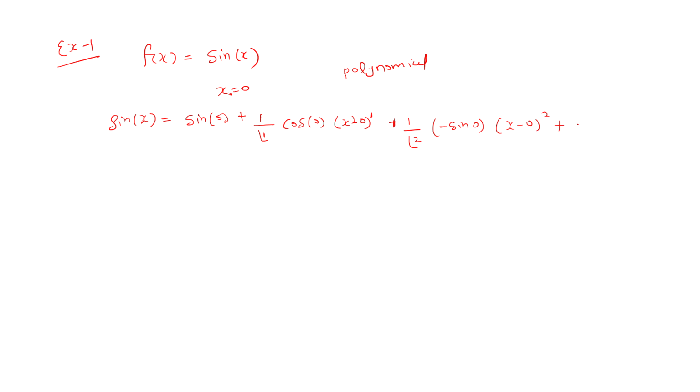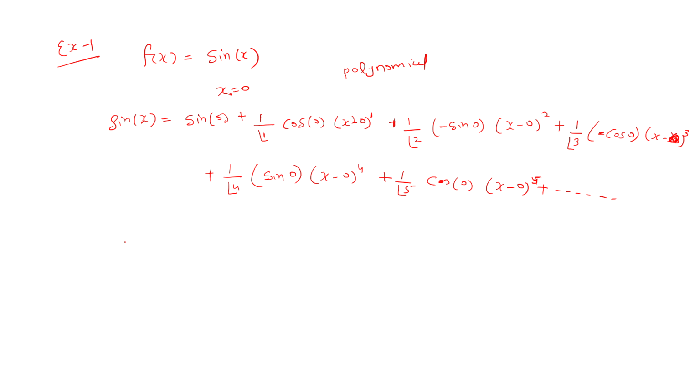If I take the fourth term out of that series, that will be 1 upon factorial 3, minus cos 0, x minus x0, since x0 is 0, to the power 3. The fourth term will become 1 upon factorial 4, sin 0, x minus 0 to the power 4. The fifth term will become 1 upon factorial 5, cos 0, x minus 0 to the power 5, and so on and so forth.